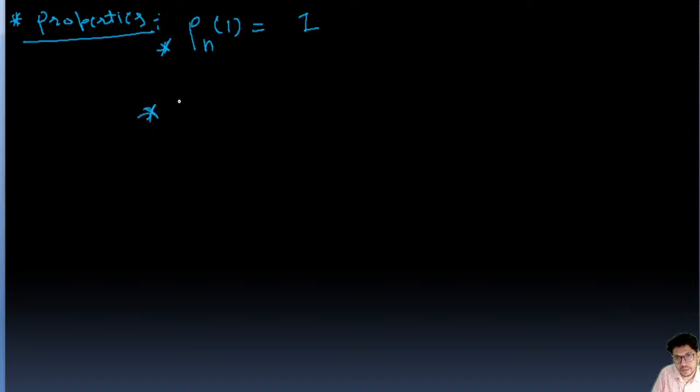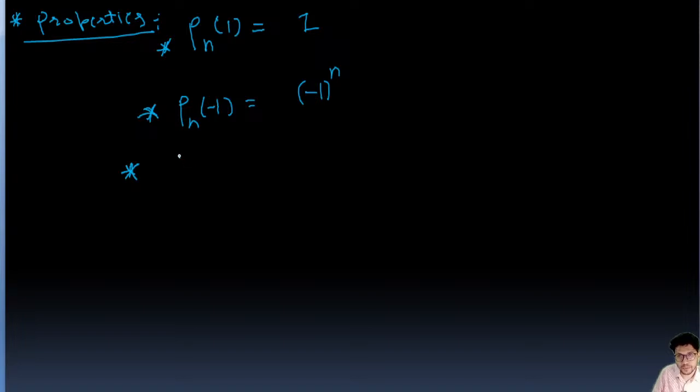Similarly, the value of P_n(minus 1) is minus 1 to the power n. So P_n(1) value is 1 and P_n(minus 1) value is minus 1 to the power n.